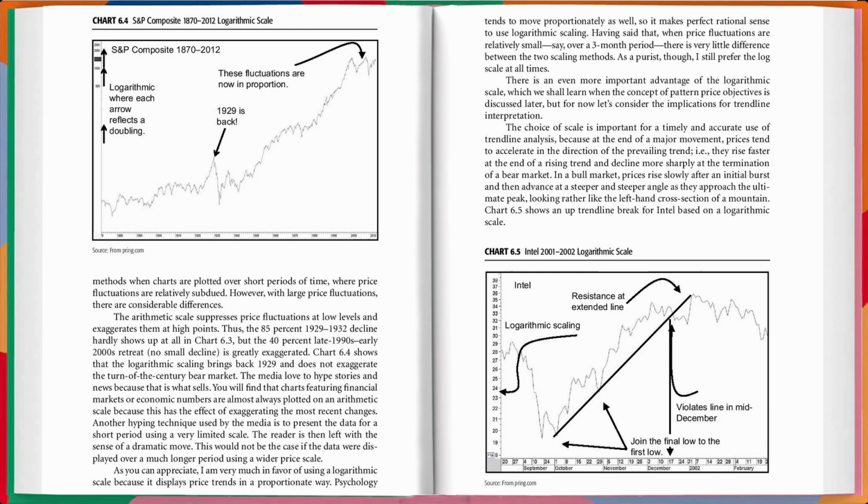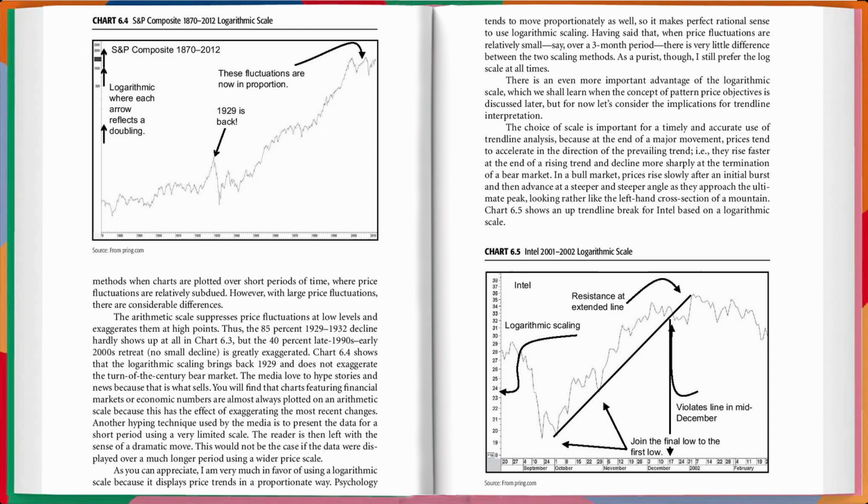The choice of scale is important for a timely and accurate use of trendline analysis, because at the end of a major movement, prices tend to accelerate in the direction of the prevailing trend, i.e., they rise faster at the end of a rising trend and decline more sharply at the termination of a bear market. In a bull market, prices rise slowly after an initial burst and then advance at a steeper and steeper angle as they approach the ultimate peak, looking rather like the left-hand cross-section of a mountain.